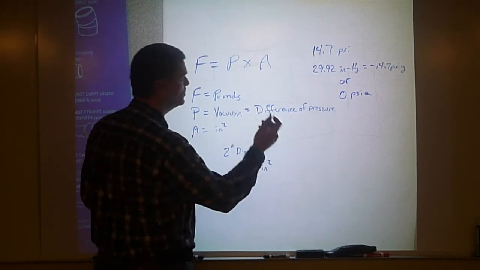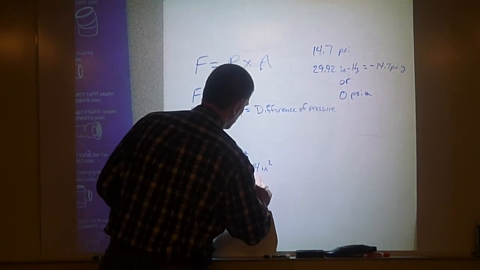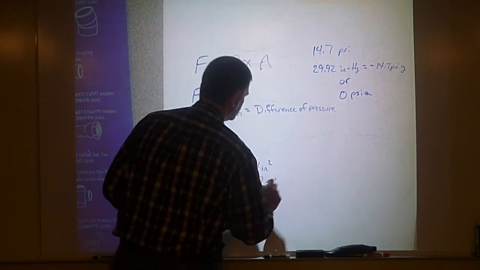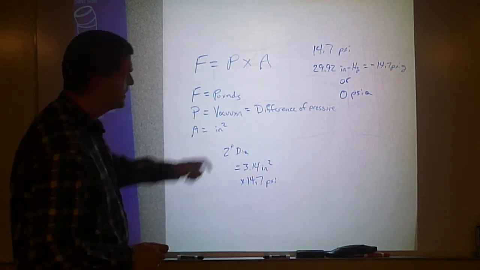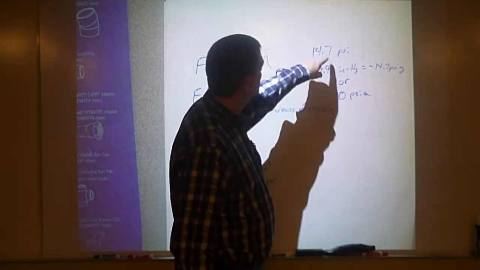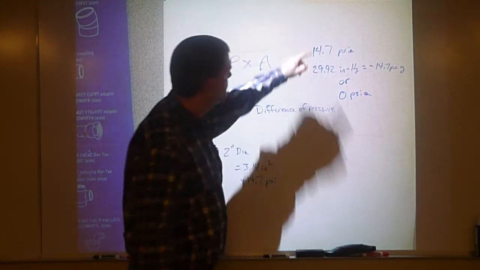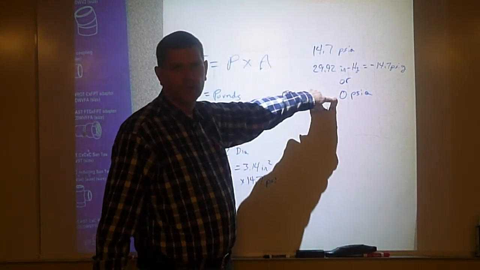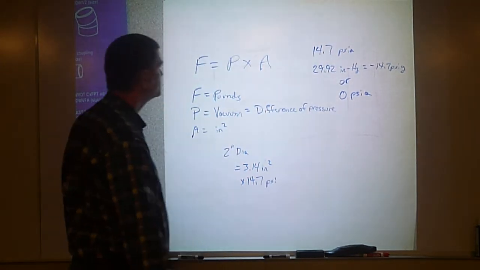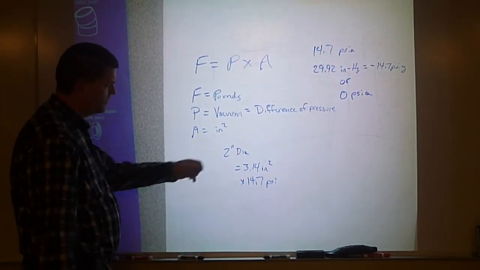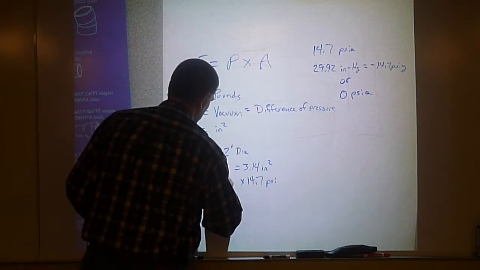At pure vacuum is 14.7 psi. That's the differential between absolute pressure at sea level and pure vacuum at sea level. That will give you your force of a 2-inch vacuum cup.